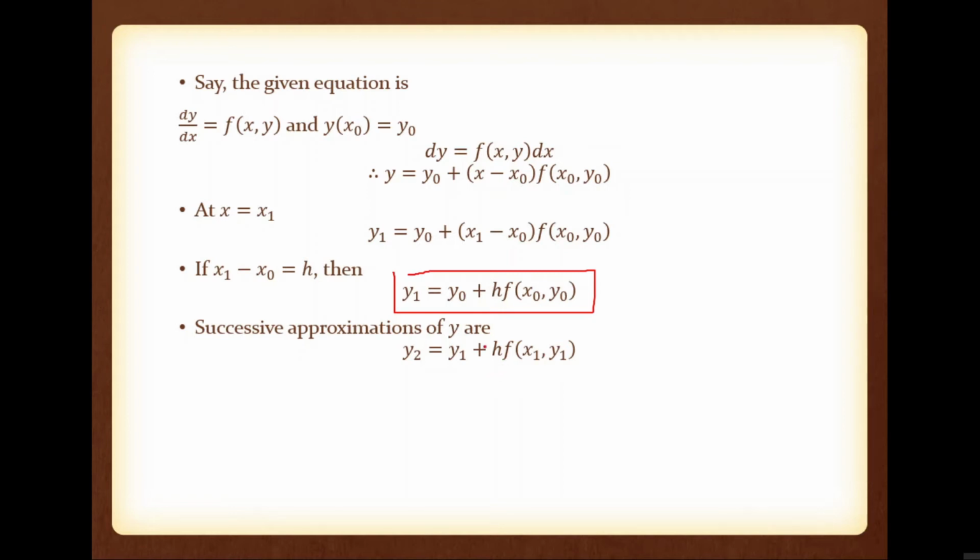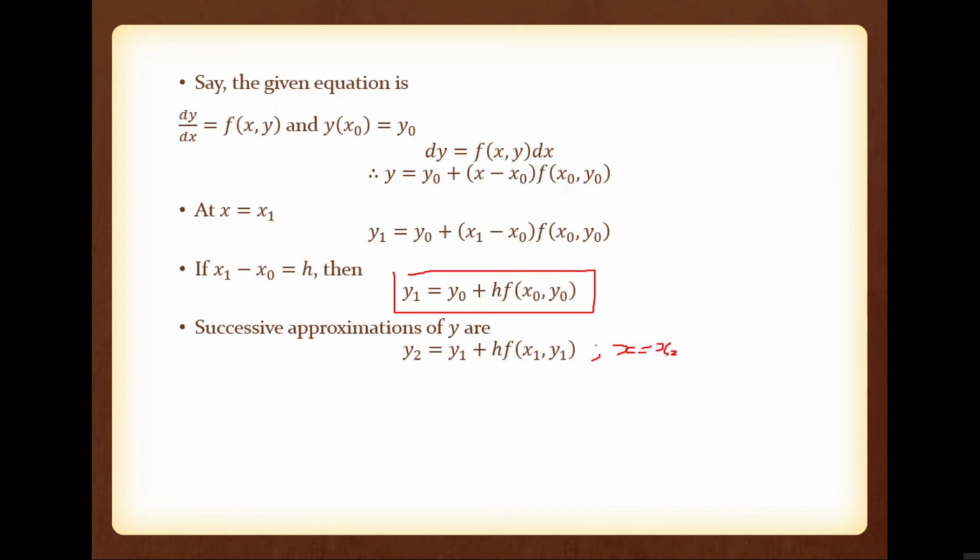Okay, so we are finding successive periodic data. By using x1 comma y1, we can find y2. What is y2? y2 is the value of y of x corresponding to x equal to x2.